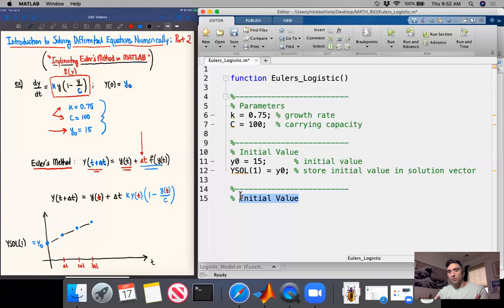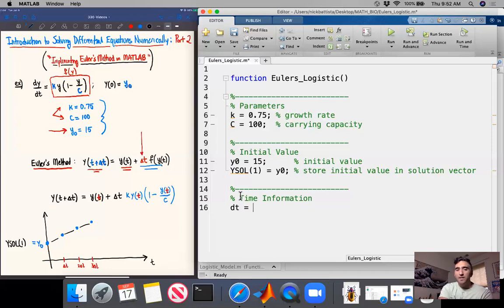Since it's 0.1, 0.2, 0.3, all the way to 1.6, 1.7, 1.8, 1.9, then finally 2. So the way in which we'll do this, as a heads up, is we're going to use a while loop, just to say, hey, while time is less than our final time, keep iterating. But either way, I'm getting a little ahead of myself.